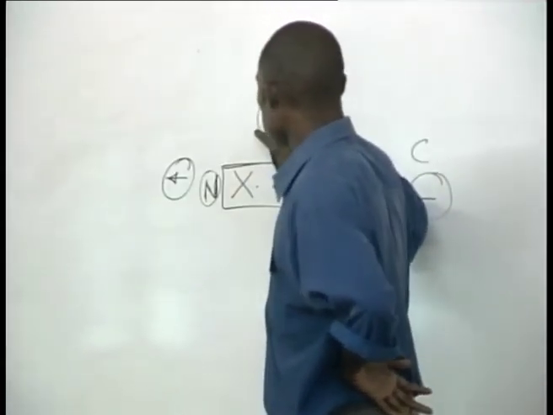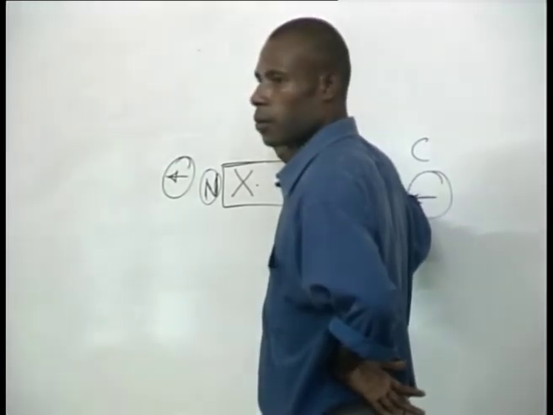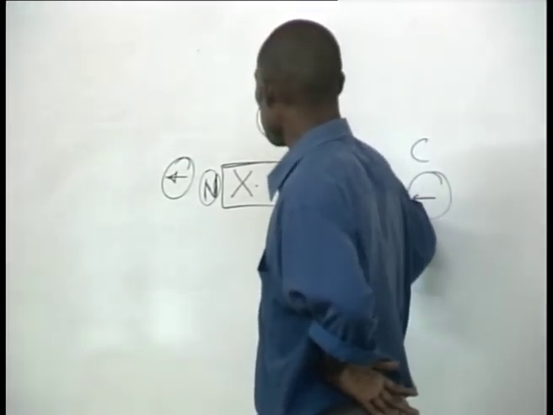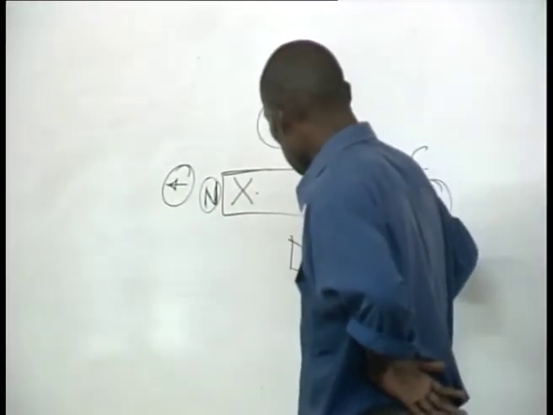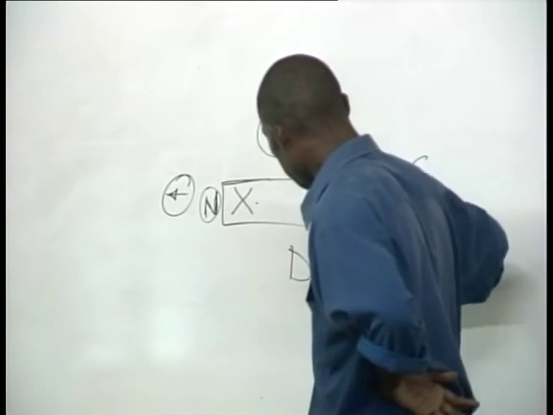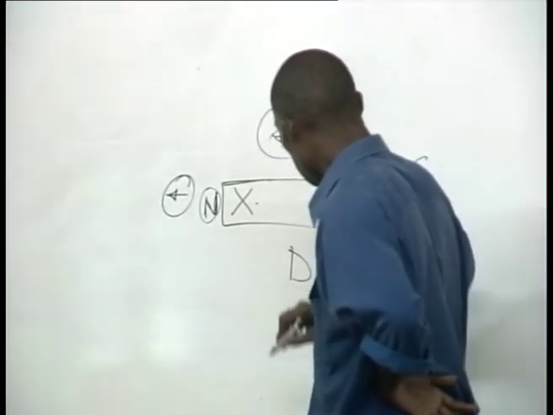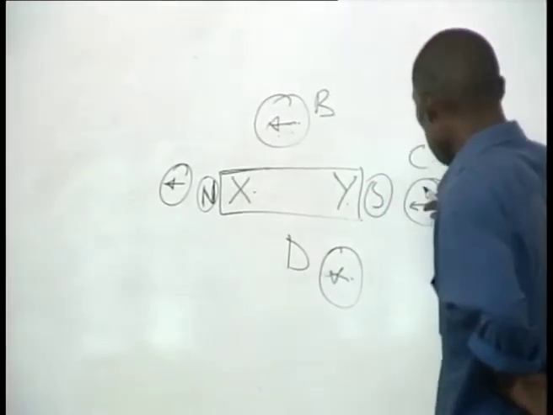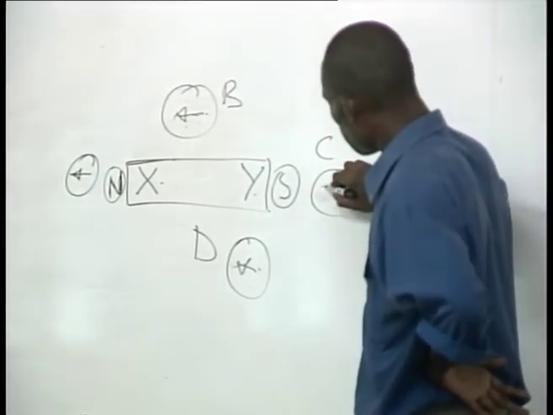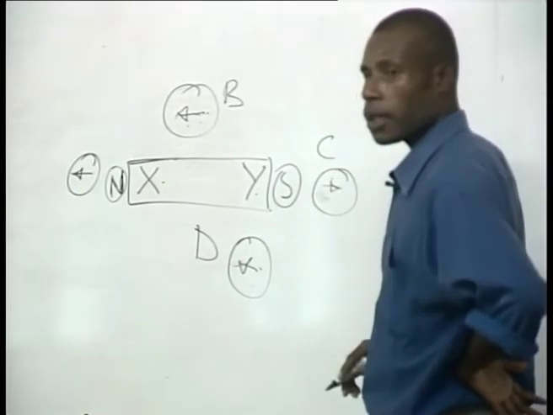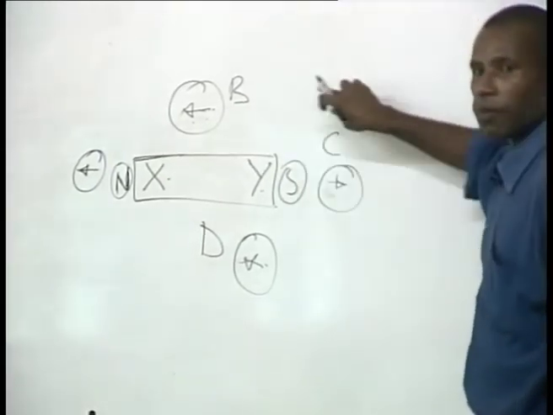So that B will have to change and it will be pointing in that direction. This one will also point that way and that one should be pointing somewhere there because the field is coming from the north.